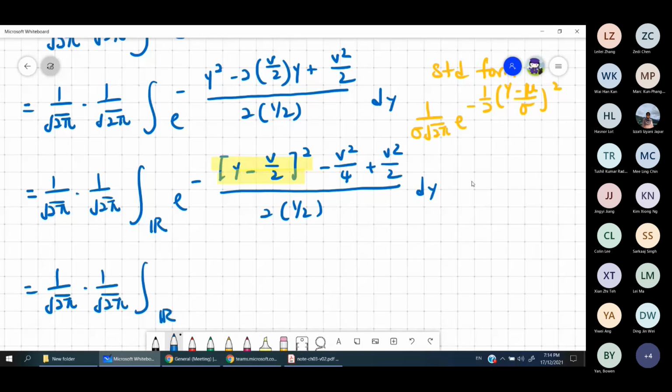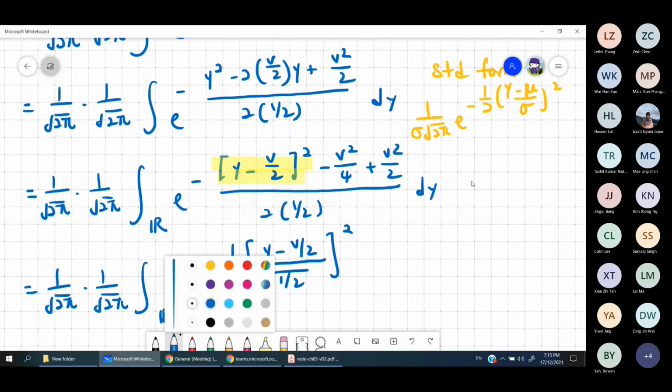So this one you can take out. So minus 1 over 2, then you put inside y minus v over 2. You have half here, right? So you can put a square of half squared. And this one, you look at this part here.